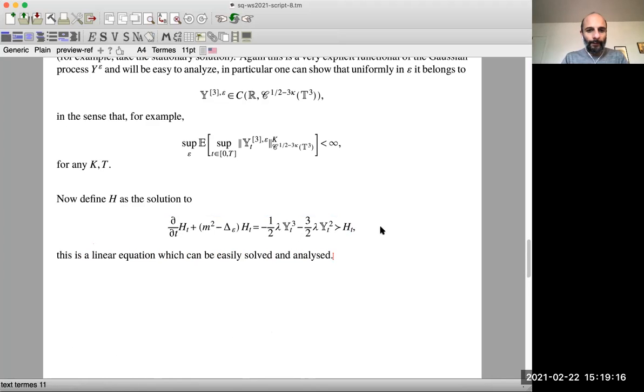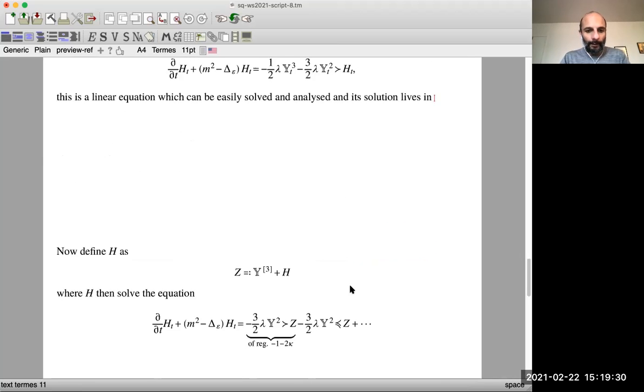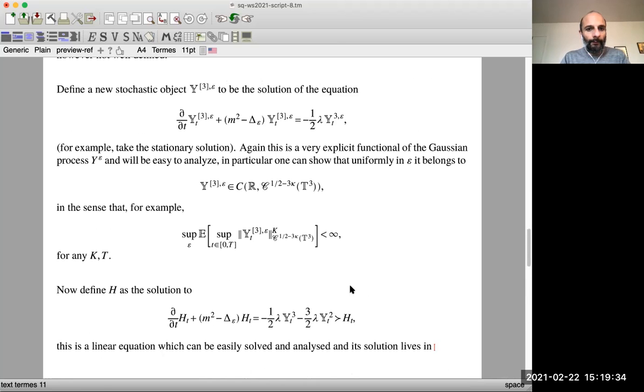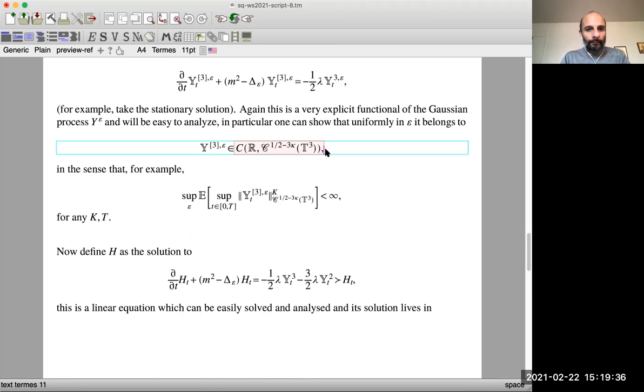You have a linear equation, and you have to trust me at this level that you can really solve this equation and analyze it, and its solution lives in this space, and more or less you don't get much better.